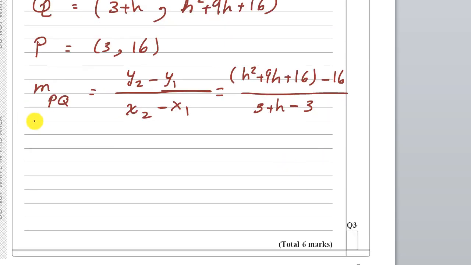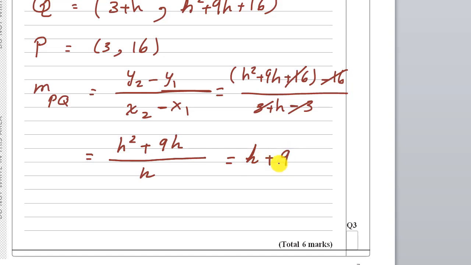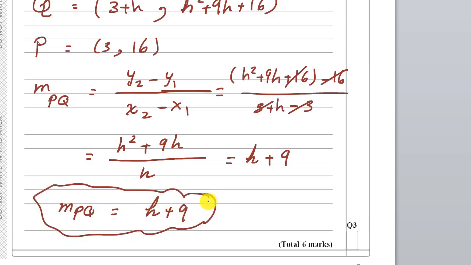So it's equal to, this 16 with this 16, this 3 with this 3, h squared plus 9h divided by h. So it's equal to h plus 9. So the gradient m BQ is equal to h plus 9, and this is the answer of this question. Let us go ahead to another one.